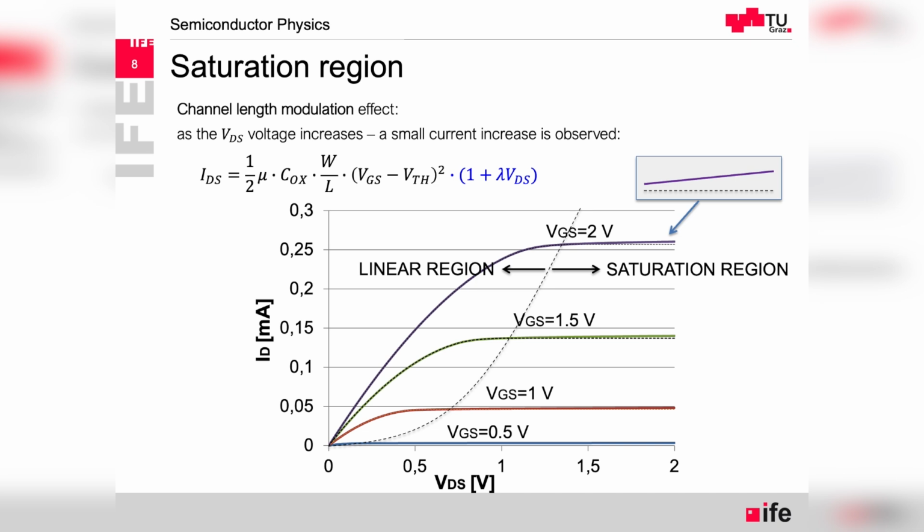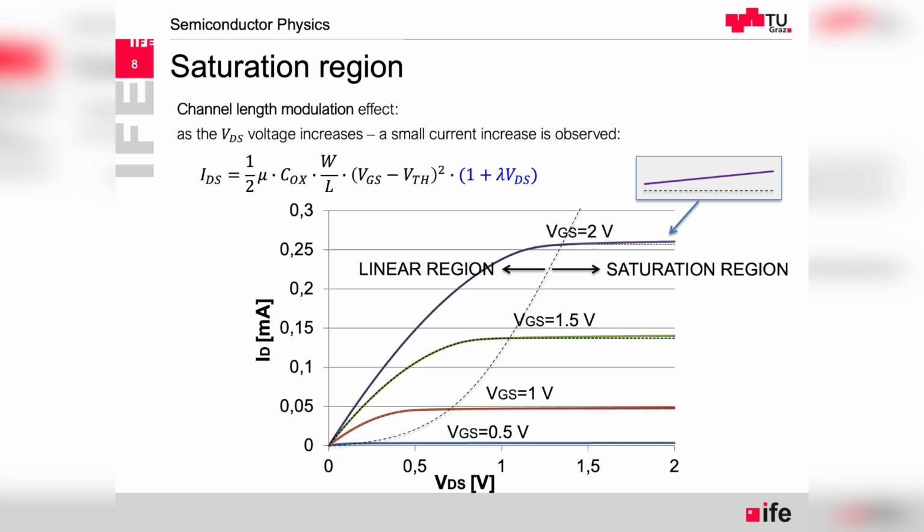In the saturation region, we see that as we increase the drain to source voltage, the current is also somewhat increasing, even though in the theoretical part, in the basics of the MOSFET transistor, we saw that it's flat and independent of the drain to source voltage, and I was giving the example of the waterfall.